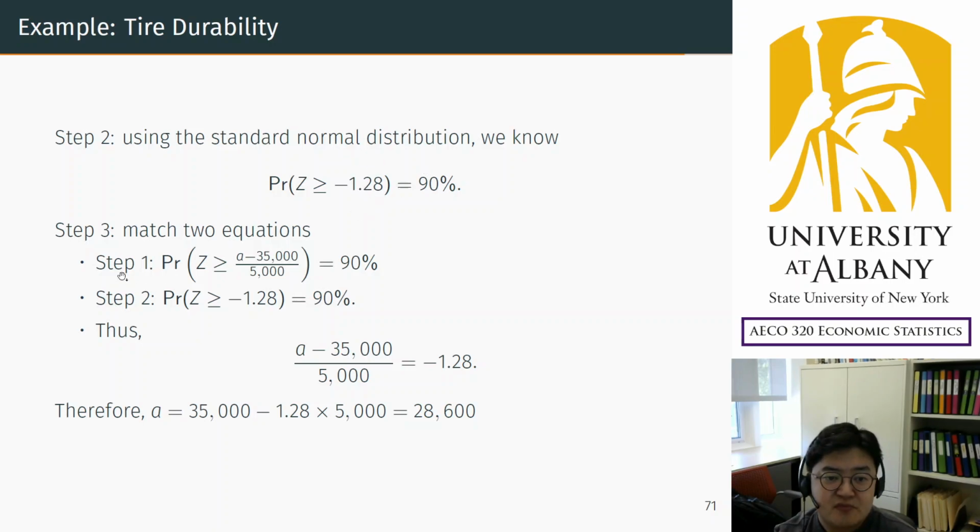Then, from step 1 and step 2, we have these two probabilities. So we can match these two. These two must be the same number.